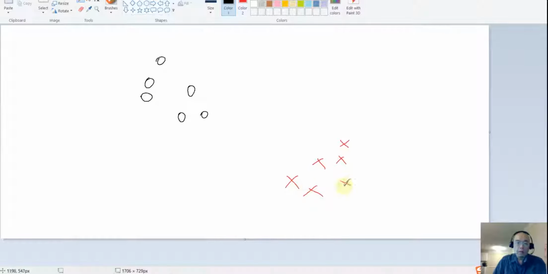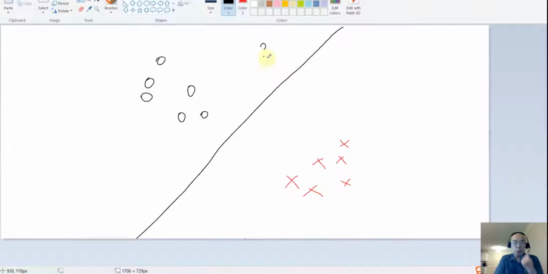If we do one nearest neighbor, the decision boundary should probably be somewhere like this, right? So if we have a question mark here, and we do one nearest neighbor, the nearest neighbor is likely to be this black sample. So this question mark will be classified as black. So for one nearest neighbor, so far it works well.